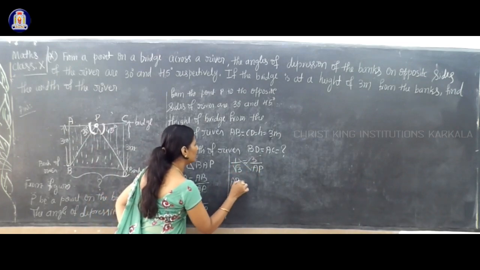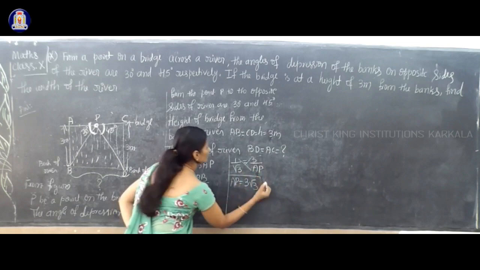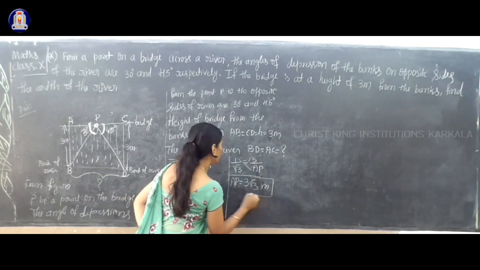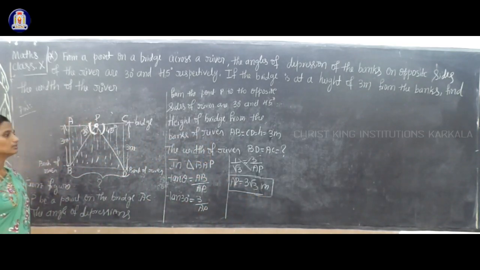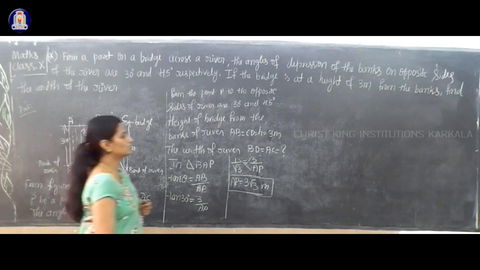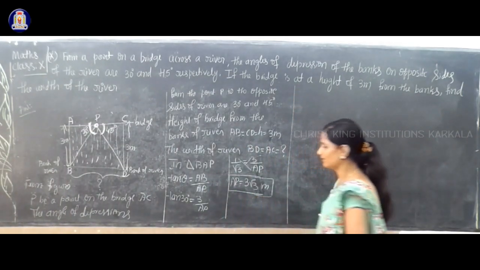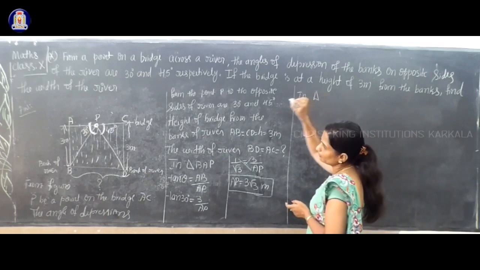AP is equal to 3 root 3 meters. So this first part we got. Now to find PC, which triangle to use? The 45 degree triangle.